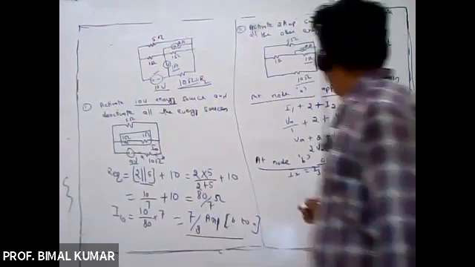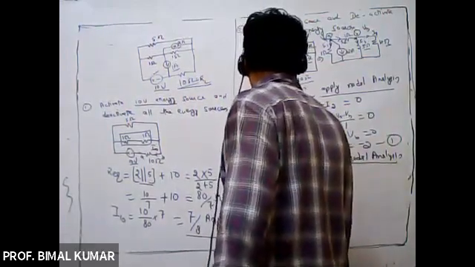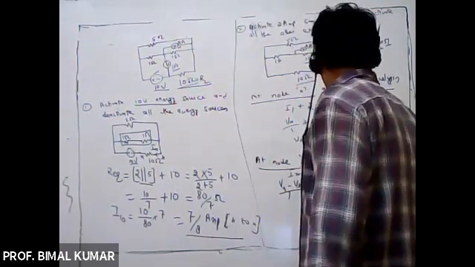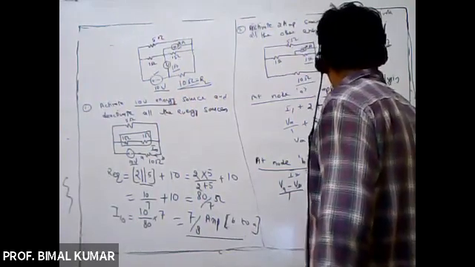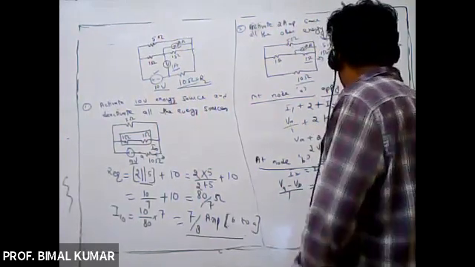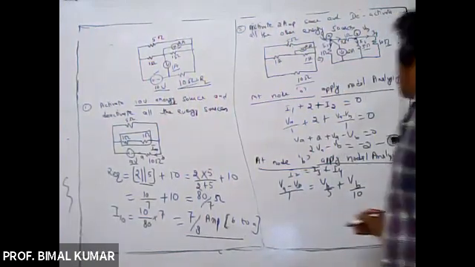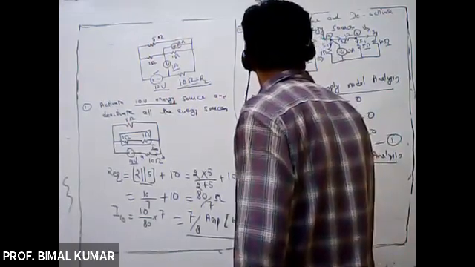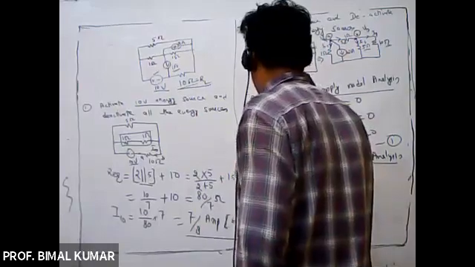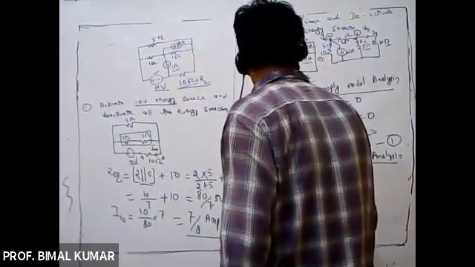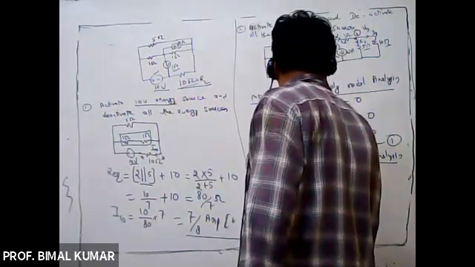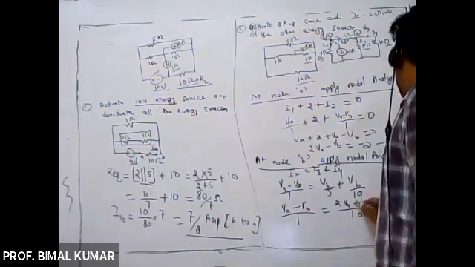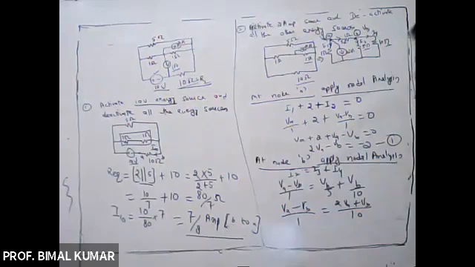So VA minus VB upon 1 is equal to VB upon 5 plus VB upon 10. So you may solve it. VA minus VB upon 1 is equal to, here 10 is the LCM, 2 VB plus VB upon 10.